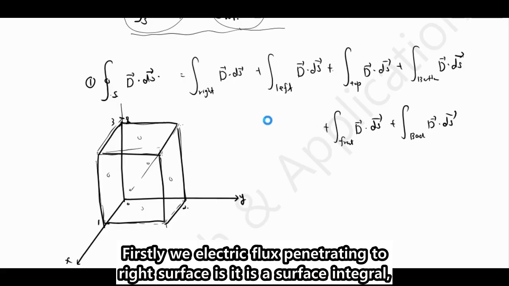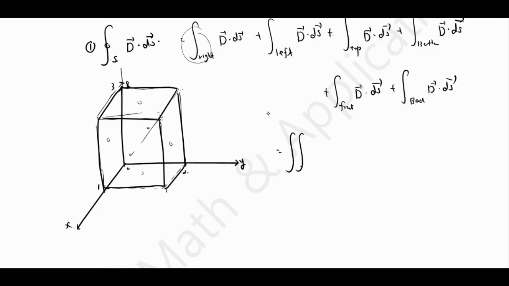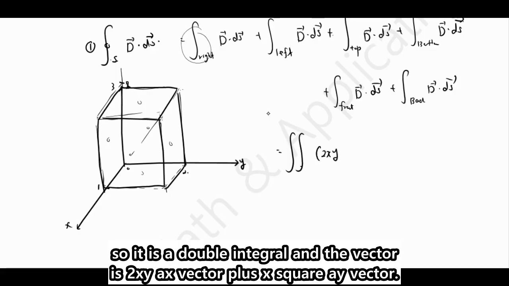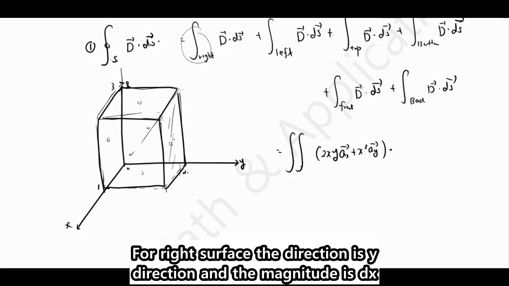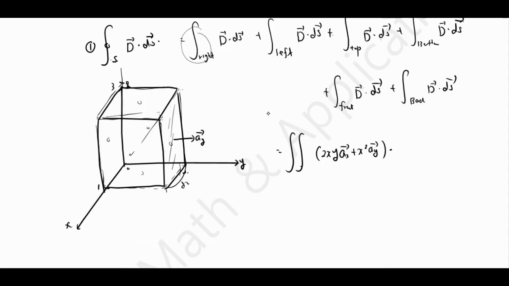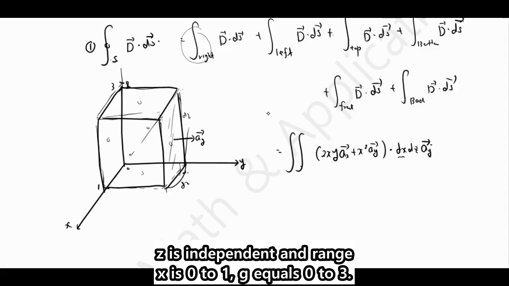Firstly, the electric flux penetrating the right surface is a surface integral, so it's a double integral, and D vector is 2xy ax vector plus x squared ay vector. For the right surface, the direction is y direction, and the magnitude is dx dz, with ay vector. And the range is x and z are independent, range of x is from 0 to 1, and z is from 0 to 3.